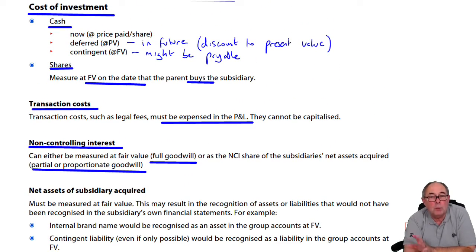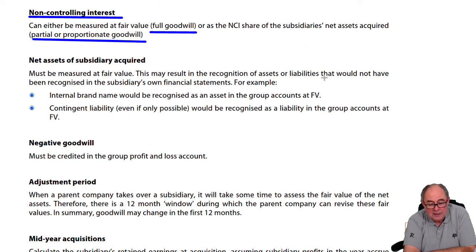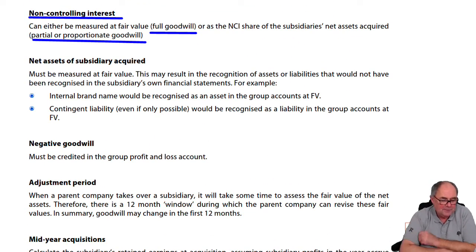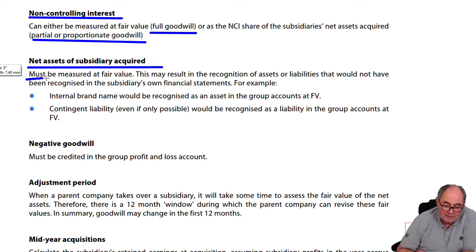So goodwill is what we pay. Add on the NCI. Deduct the net assets of the subsidiary. They must be measured at fair value.